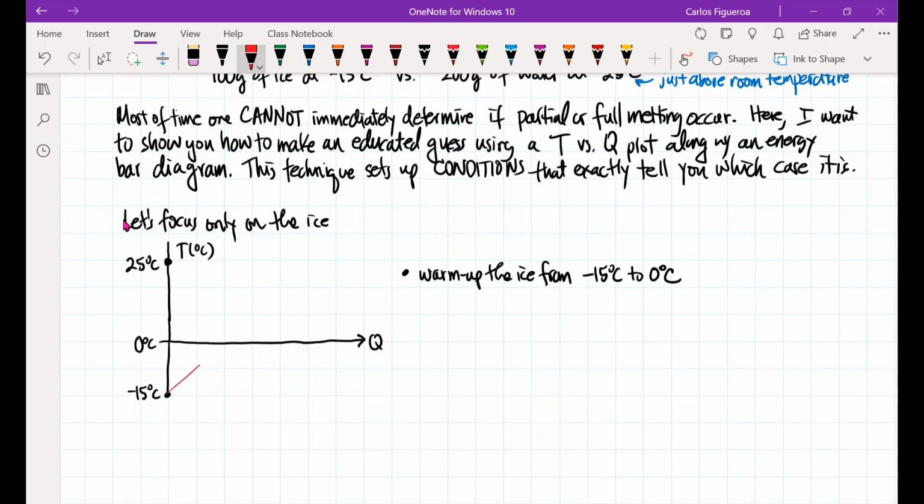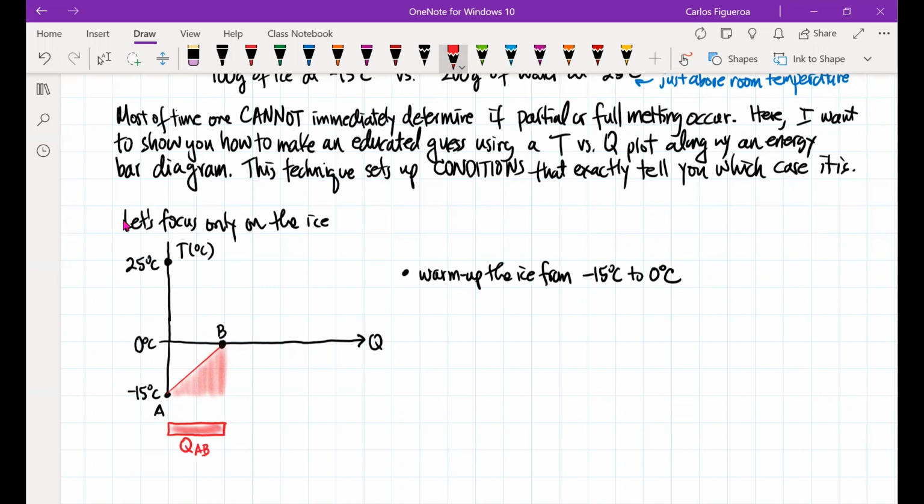At this point, I'm going to start labeling points so it makes it nice and easy. I start off at A, and then I go to B. This is the region where you're warming up the ice. So that takes a certain amount of heat. So this is the heat, AB, to warm up the ice.